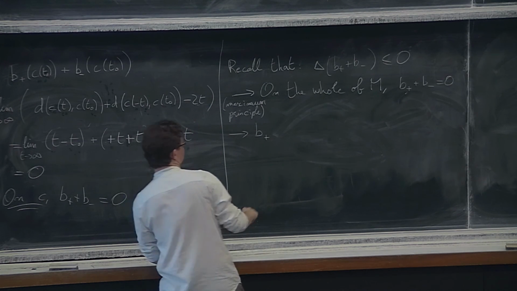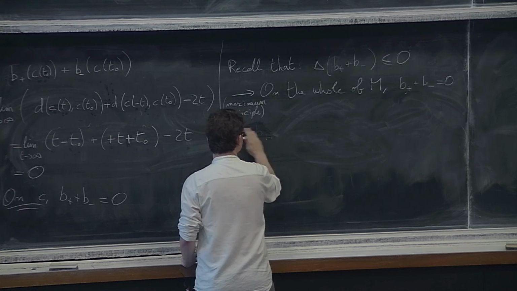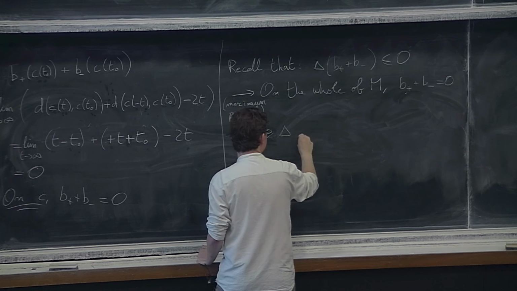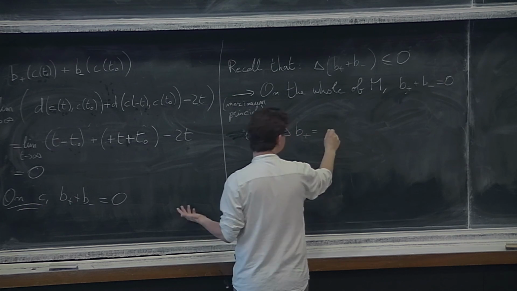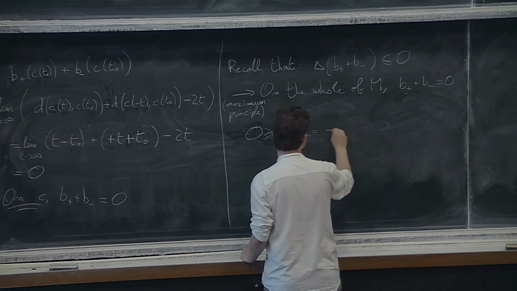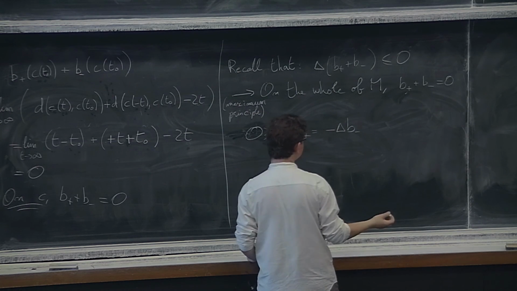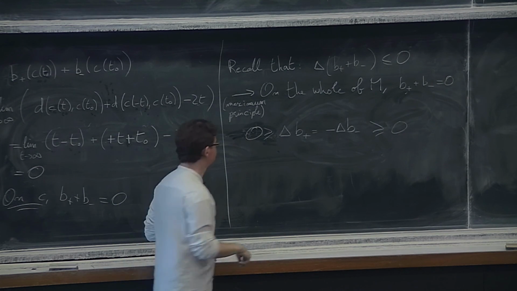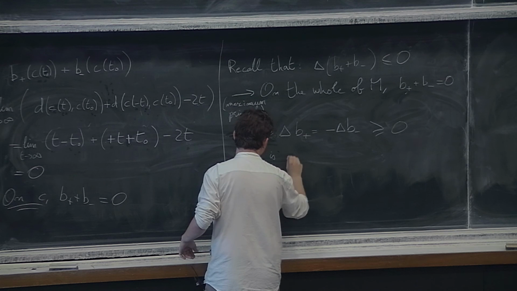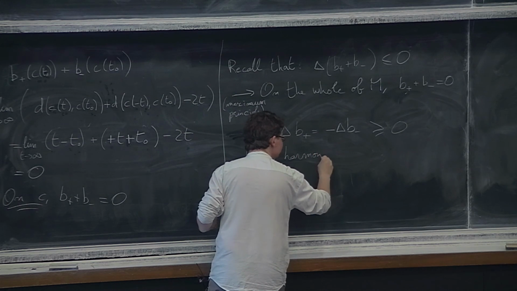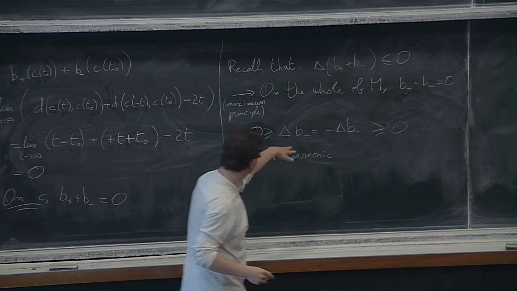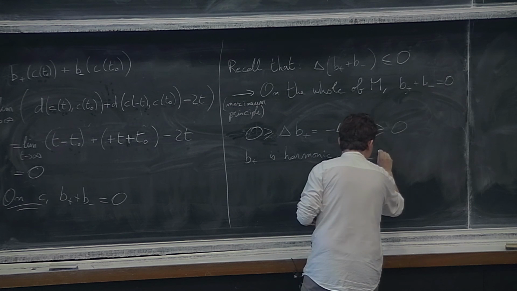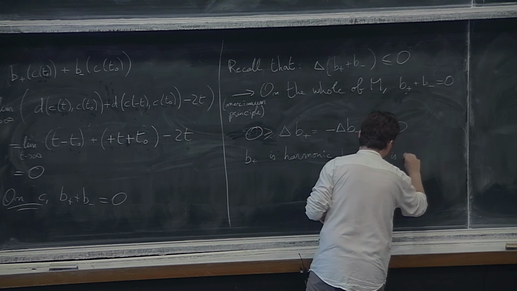So 0 is greater than the Laplacian of b plus, which is actually equal to minus the Laplacian of b minus, which is greater than 0. So b plus is harmonic. Laplacian b plus is 0. So I don't have time to do this theory, but that gives that it is smooth.